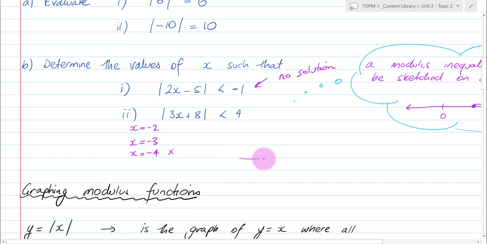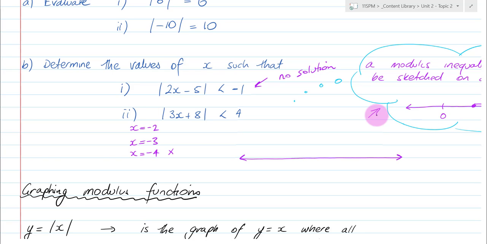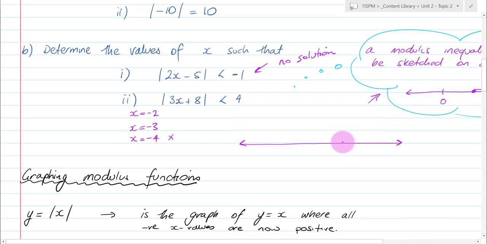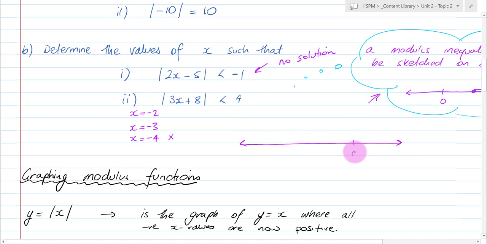Okay, on our number line, remember I've noted here that we can represent modulus inequality on a number line, just like we can with general inequalities. And on this number line, if I have 0 up here, we just noted that -2 exists in the band, -3 exists in the band. -4 doesn't, but only just, because -4 gives us 4 is less than 4.